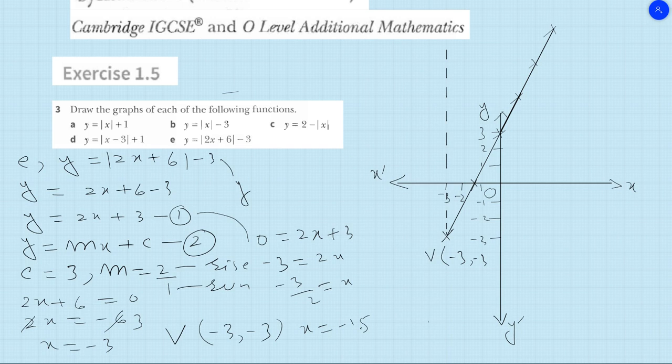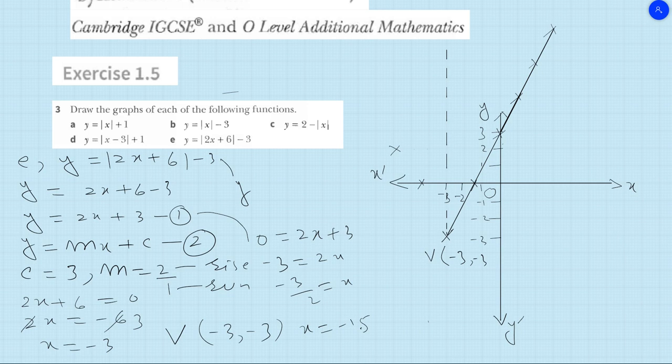Now this point is 0.5 and 1.5. So this should be 1, 1.5. This is the second point. This is the first point. This point is 1, 2, 3. This should be 1, 2, 3. And this point 1, 2, 3, 4.